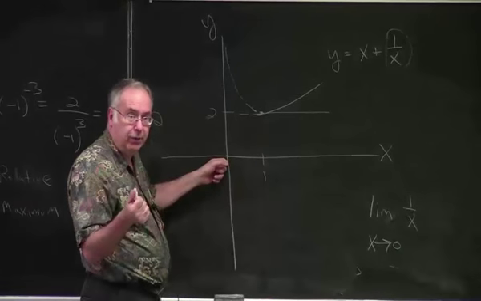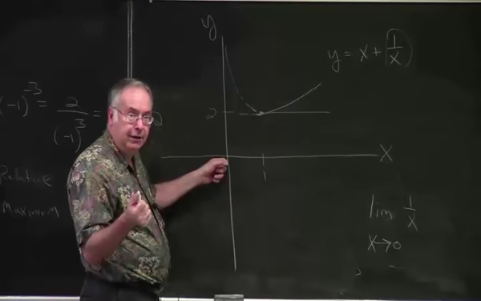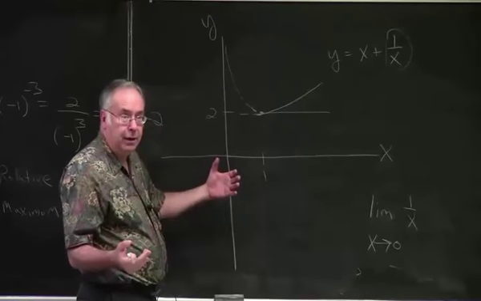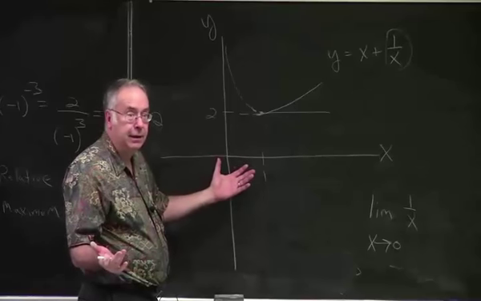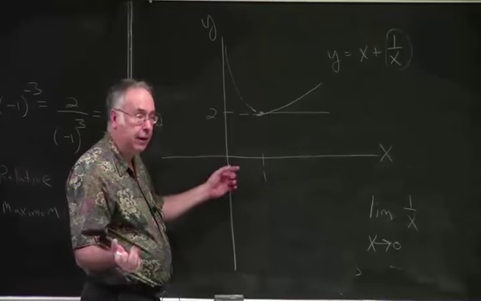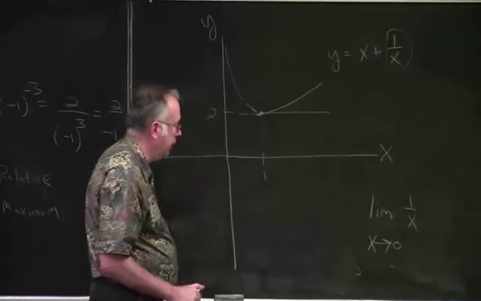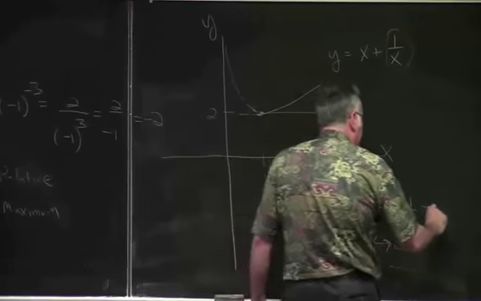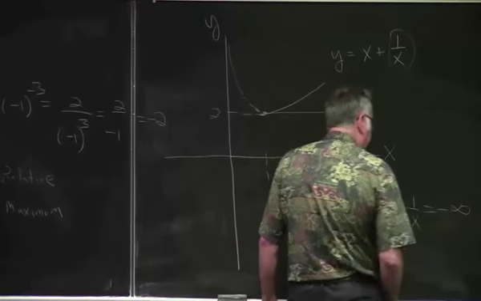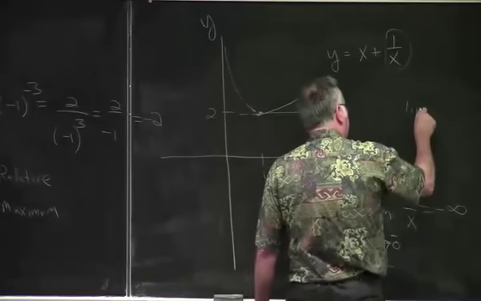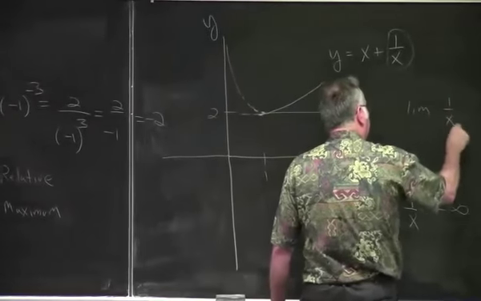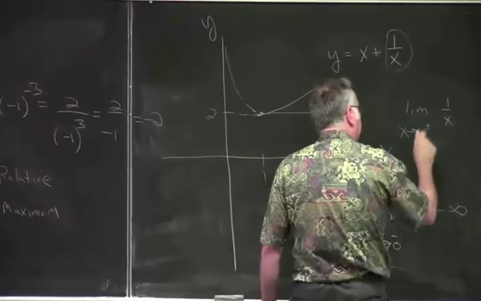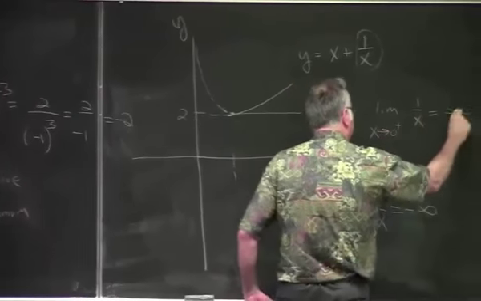For example, if x is minus 1 over 1,000,000, 1 over x is negative infinity. So if x approaches 0 from the left, this is negative infinity. If x approaches 0 from the right, it's positive infinity.